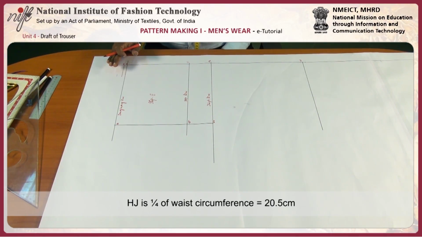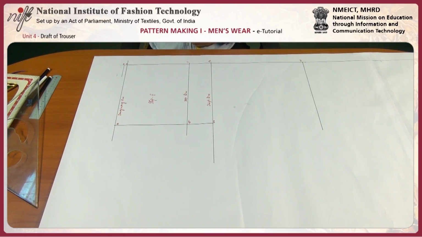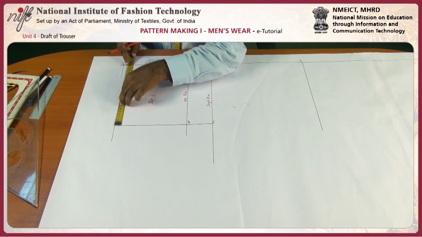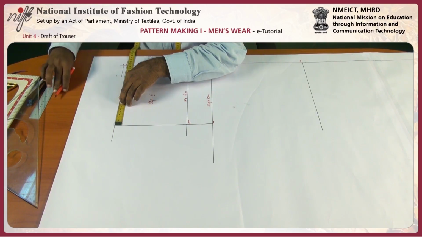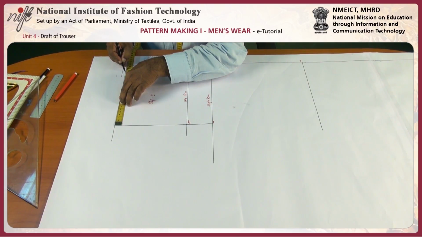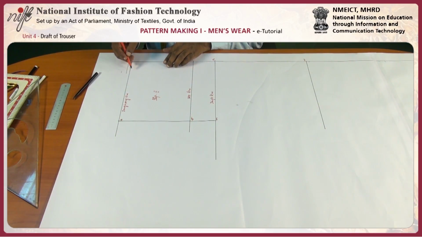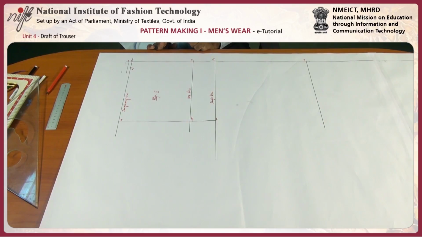H to J, 1/4 of waist circumference is equal to 20.5 centimeter. J to K parallel line and equal to AB.